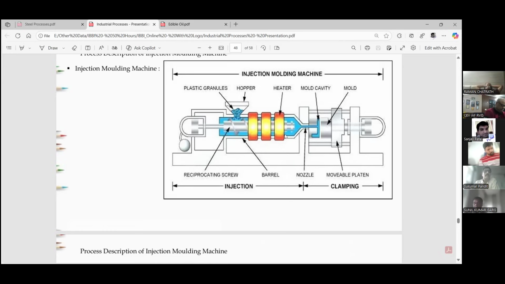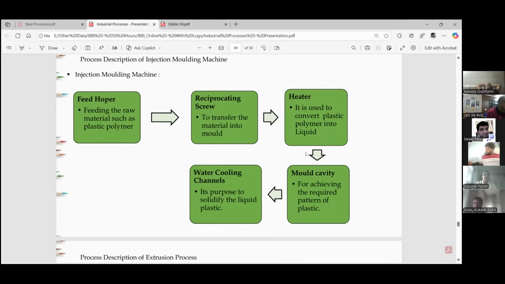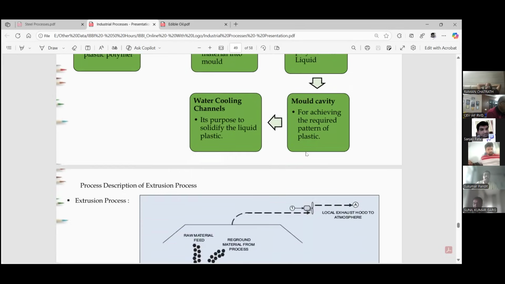The molten plastic is injected into the mold under pressure. In the mold, according to the specific cavity, the entire molten plastic spreads out. The mold is separated from the machine, cooled down, and we get the plastic products. Okay, all the small articles are made from the injection molding machine.